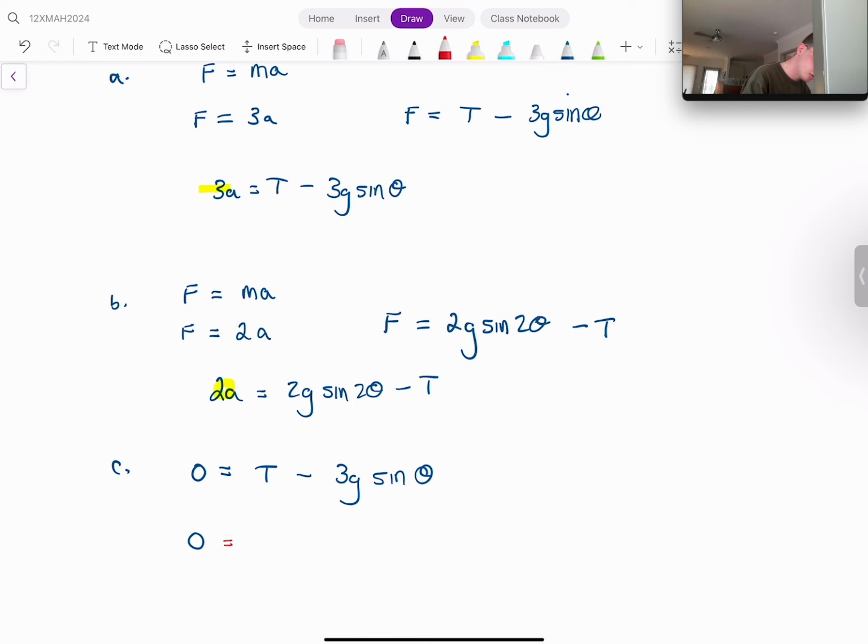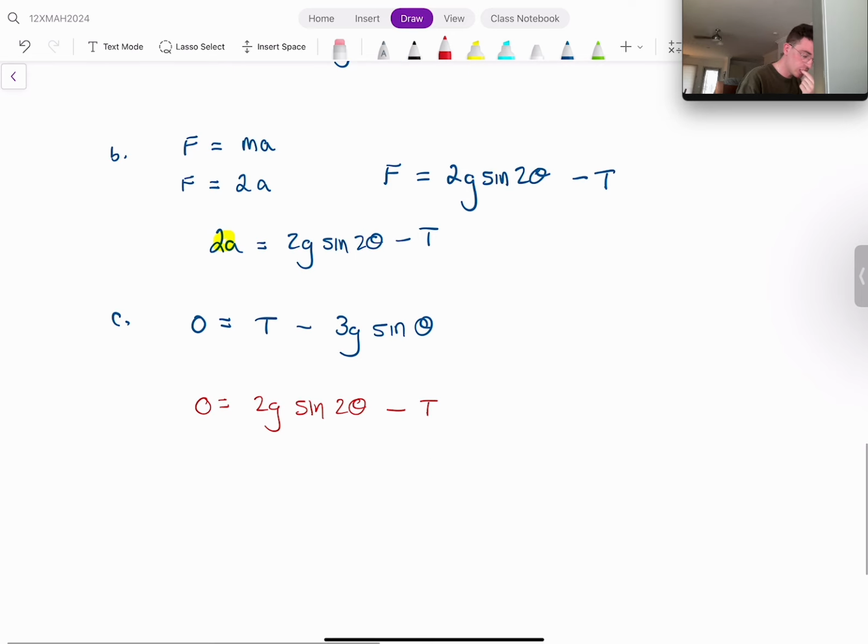So 0 is equal to 2g sine 2 theta minus T. So we can make T the subject of both of these. So from this first one, T, the tension, is going to be 3g sine theta. And then the other one, tension, is going to be 2g sine 2 theta.